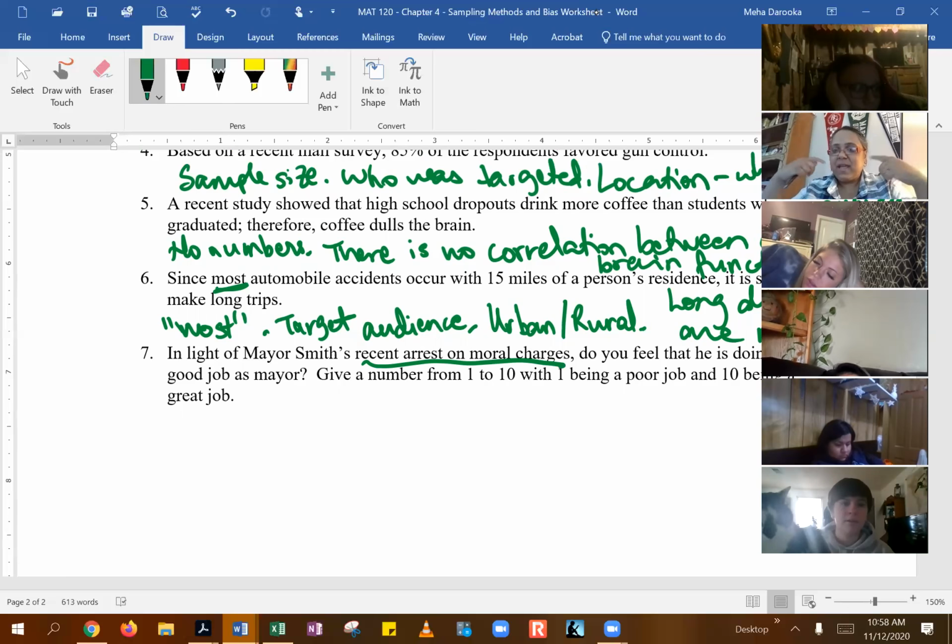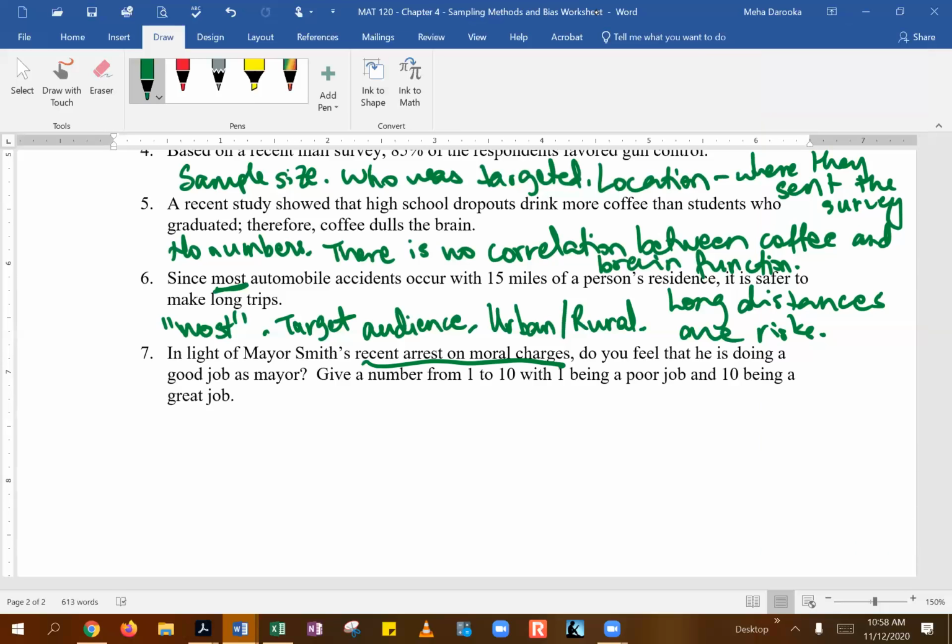So that already creates a bias in your mind, and you're like, yeah, okay, I'm not going to vote for this guy, or I don't think he's doing a great job. So in the question, there is actually an implicit bias when they are including that little recent arrest on moral charges.